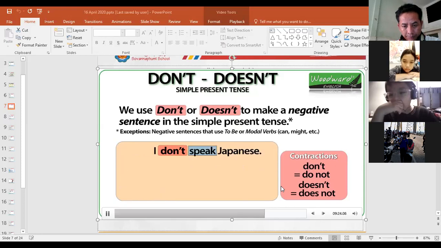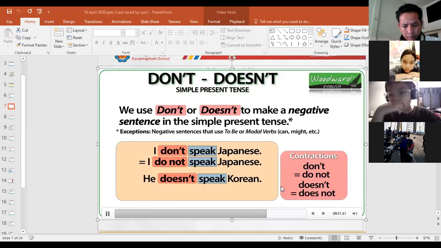It's the same as I do not speak Japanese. He doesn't speak Korean. This is the same as he does not speak Korean. There's no difference in meaning, though we use contractions a lot in spoken English.